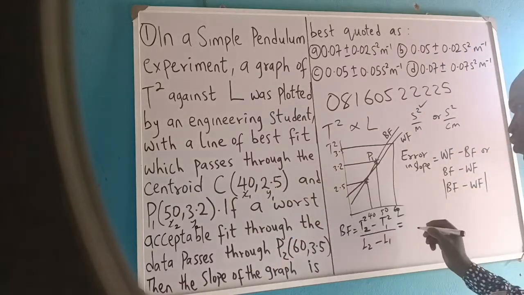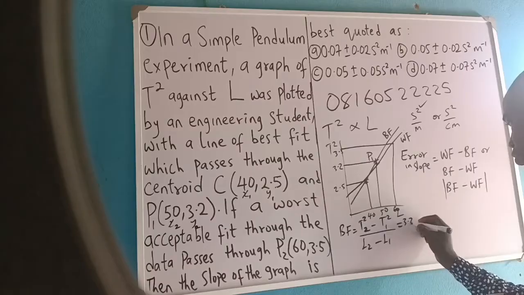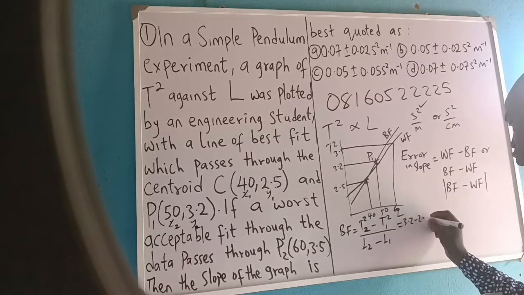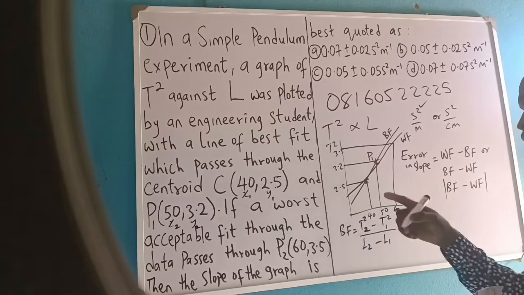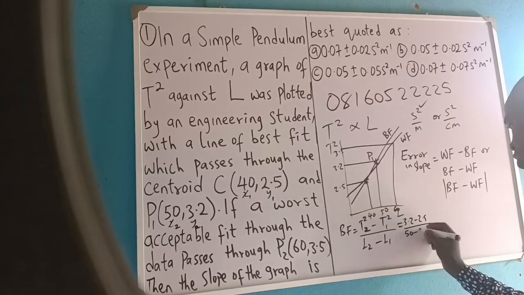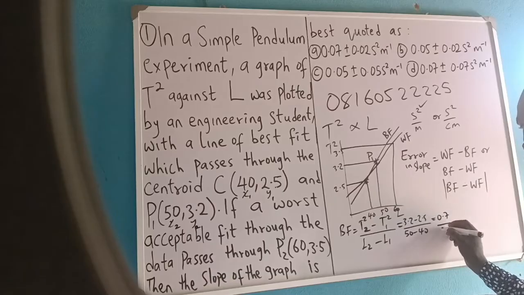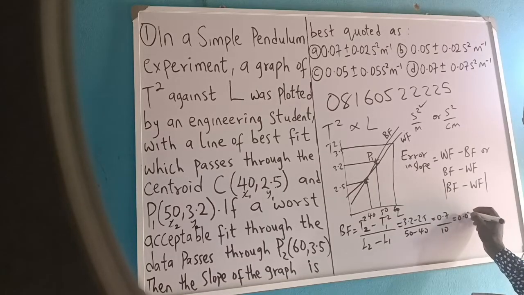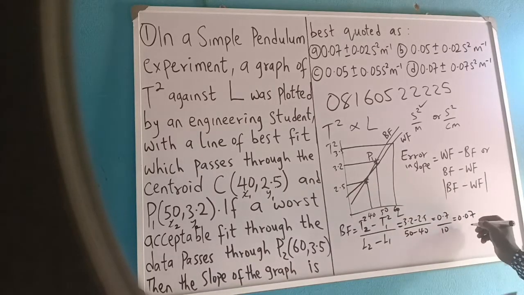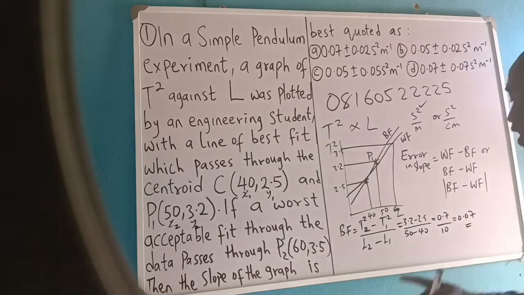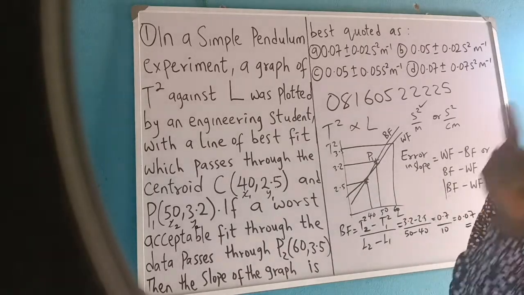That will be giving you 3.2 minus 2.5 all over 50 minus 40. That will be giving you 0.7 all over 10, which is 0.07. This answer you get for best fit is the answer you are meant to comment on.